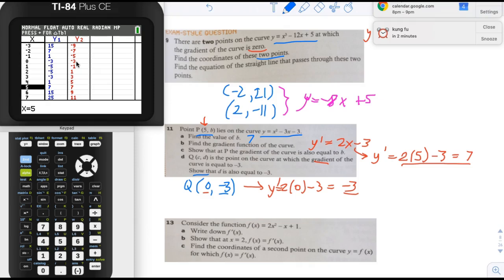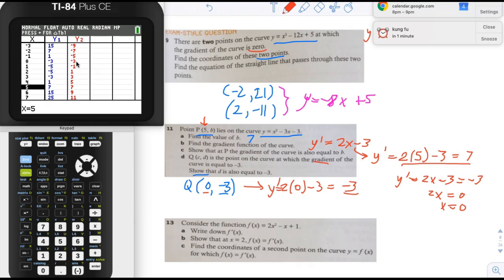Okay? Now, the way they probably wanted you to do that, complete with algebra, is they wanted you to first take the red function, y dash equals 2x minus 3, and set that equal to -3. And when I do that, I can see that 2x, if I add 3 to both sides, is equal to 0. So x equals 0.